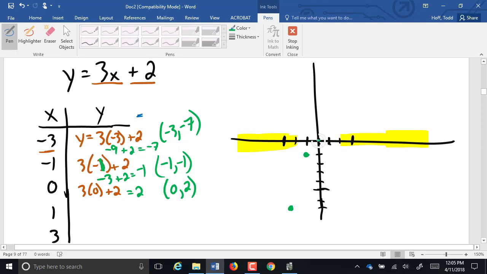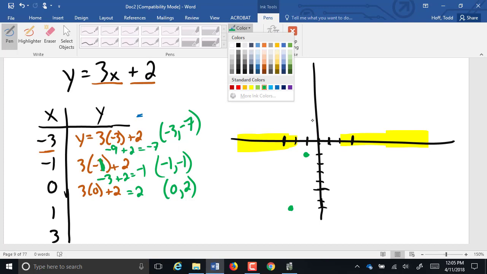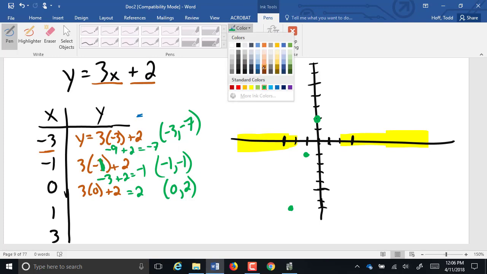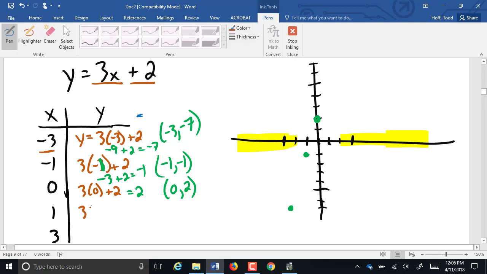X is 0, which means we stay right here on the y or dependent axis, and we move up to 2, so that is 0, 2. When x is 1, y is 3 times 1 plus 2. 3 times 1 is 3, plus 2 is 5. So when x is 1, y is 5, another ordered pair: 1, 5.